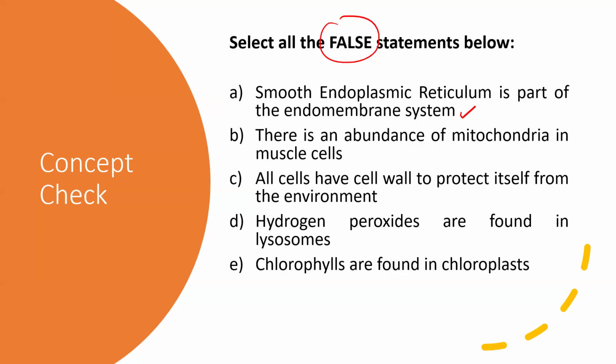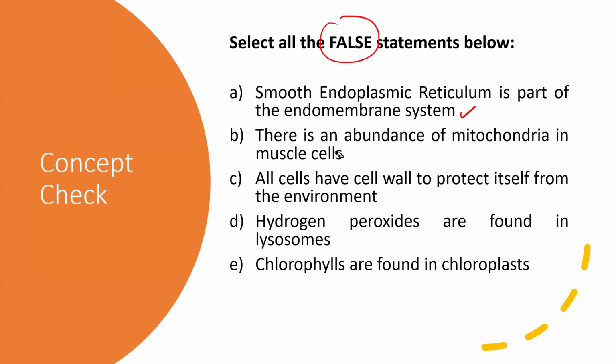Smooth ER, Golgi body, and one more, lysosome. So these are all part of the endomembrane system, and as you can see, smooth ER is part of the endomembrane system, so that's correct, and we're looking for the false statement, okay?